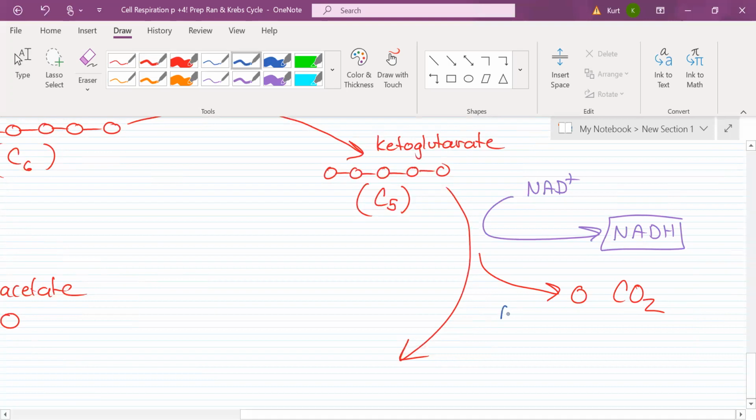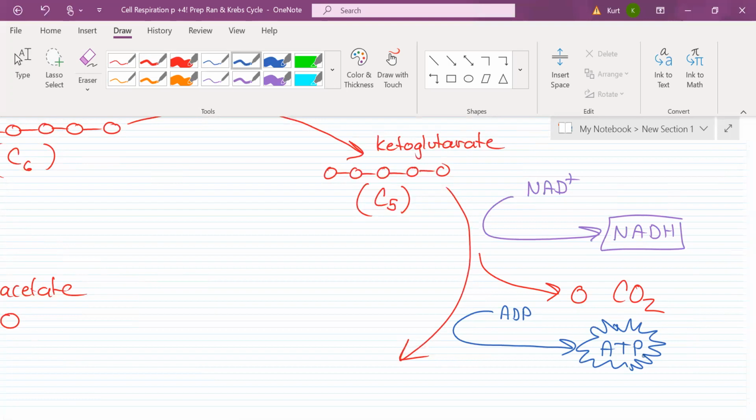Third, ADP is being synthesized into ATP. So there's 3 things that happen here after the ketoglutarate has been oxidized.